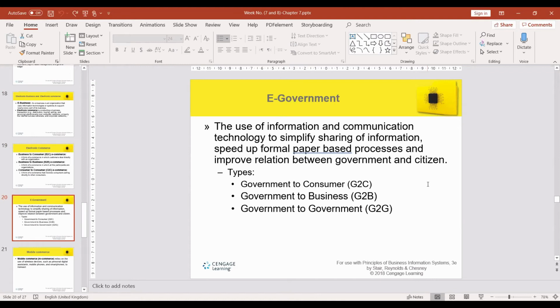Government wants to provide services to the people or to the businesses. It is the use of information and communication technology to simplify sharing information, speed up formal paper-based processes, and improve relations between government and citizens.